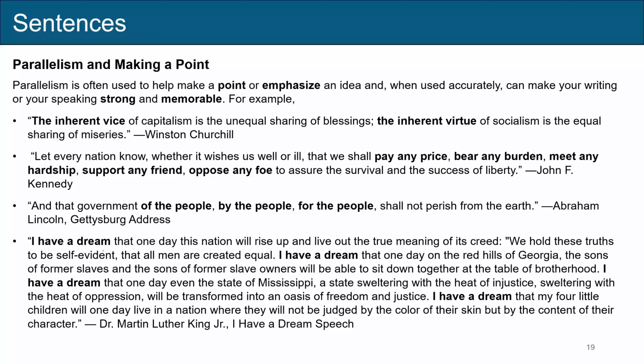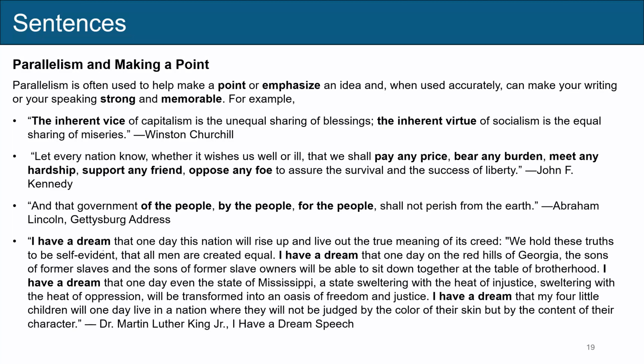And this parallelism helps to make this more memorable, helps it to make it more emphasized, and overall improves the quality of that speech. Very famous in the United States, Abraham Lincoln in his Gettysburg Address said, "Of the people, by the people, for the people," to emphasize that it's about the people as a whole.